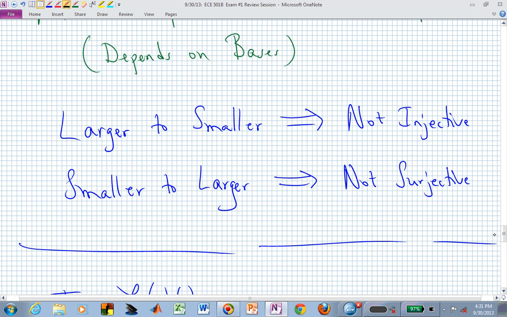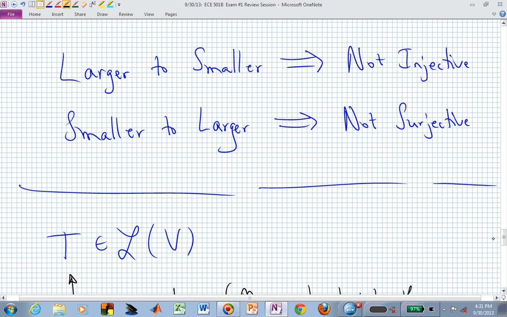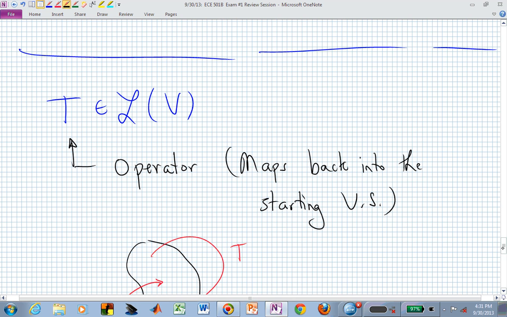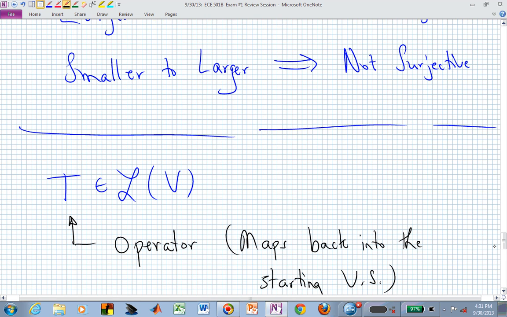If you're going from a larger vector space to a smaller vector space, then you have a non-trivial null space and the map is not injective. If you're going from a smaller to a larger, then there's no way that you can cover that larger vector space, and so your map is not surjective.